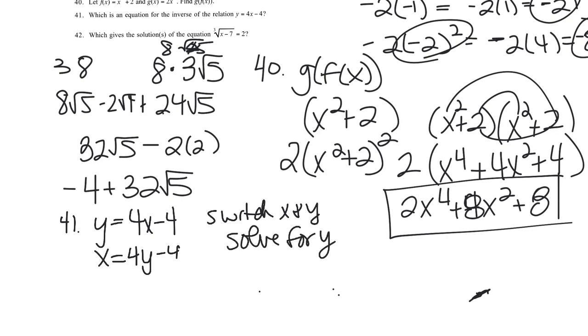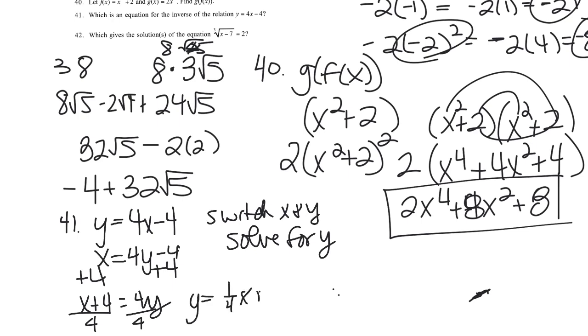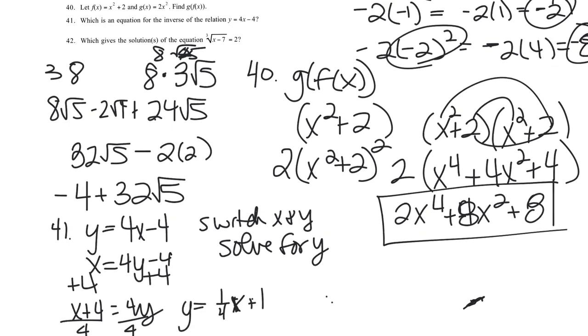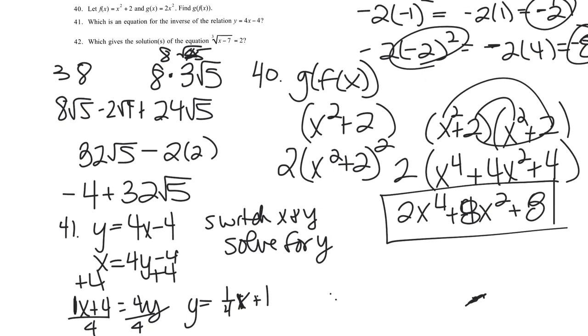We can't just leave it as x equals 4y minus 4. So we're going to add 4. X plus 4 equals 4y. Divide by 4. And y equals, I can write as 1/4 x plus 1. Right, because the coefficient on the x is a 1, so that becomes 1/4, and 4 divided by 4 is 1. That would be the inverse of that function.